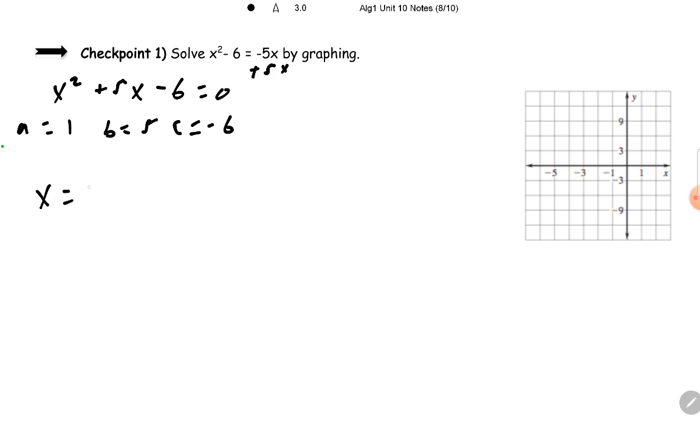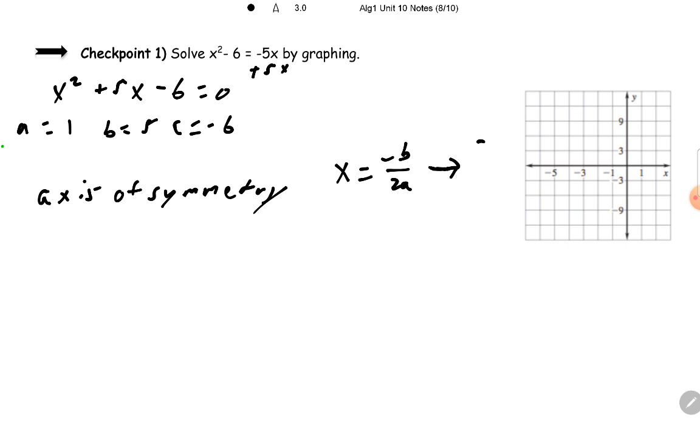Let's find our axis of symmetry. We're going to use this formula here, negative b over 2a, which is 5 over 2 times 1, which is 5 halves. So 2.5.